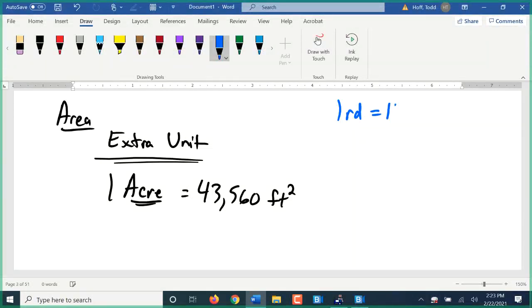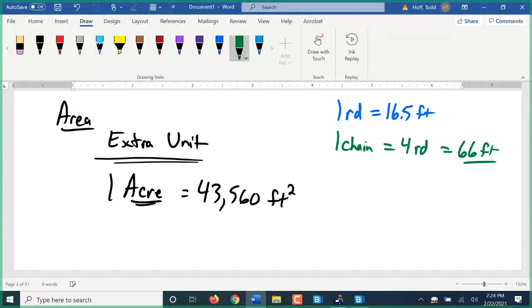It was that 16.5 feet or 5.5 yards. Along with the rod, we mentioned it, we didn't necessarily write it down, what was a chain? The chain was 4 rods, or 4 times 16.5 is 66 feet. One chain.